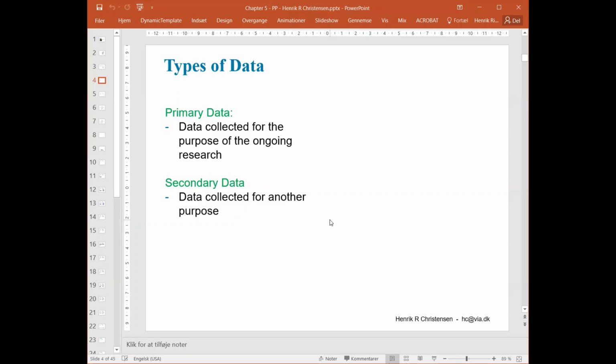That means when you do a project, when you are collecting data that has not been collected before, and you collect them because you need to in order to answer some of your research questions, or you collect them in order to understand something about your research objectives, then this is primary data.